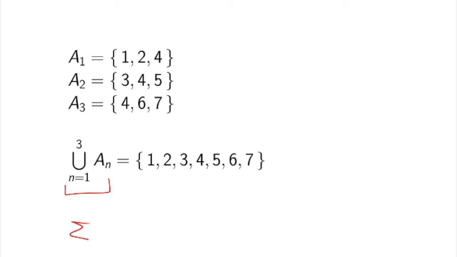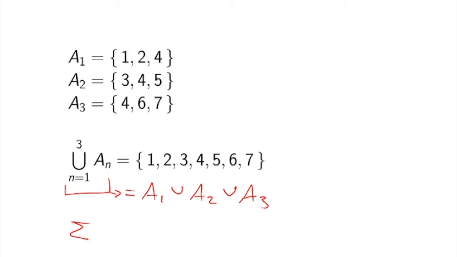What this means is we're taking the union of An from n equals 1 to 3. Essentially we can rewrite this as A1 union A2 union A3. So this just basically represents multiple usage of the union operator on 3 sets.